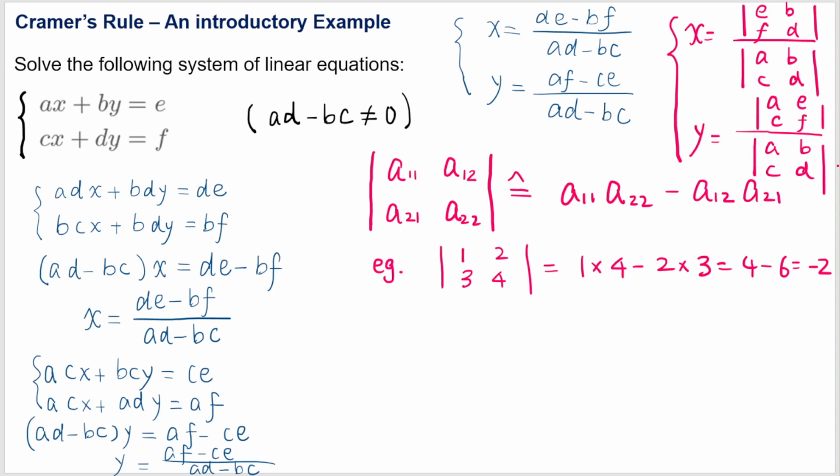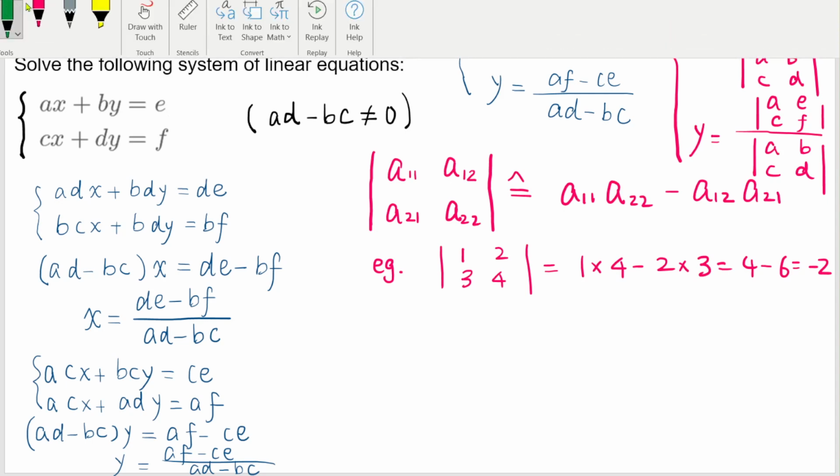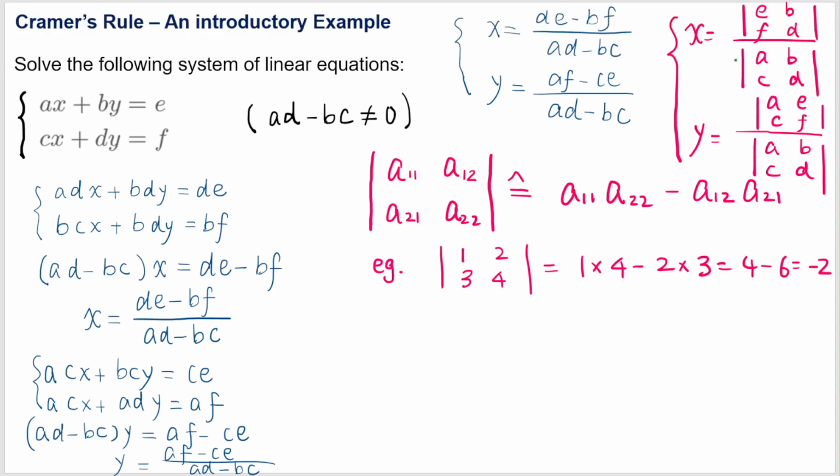So why is this easy to memorize? Because the denominator, a, b, c, d, is a matrix containing the coefficients of x and y. And for x, the numerator keeps the second column unchanged, which is still b and d, but replaces the first column with the constant numbers e and f.